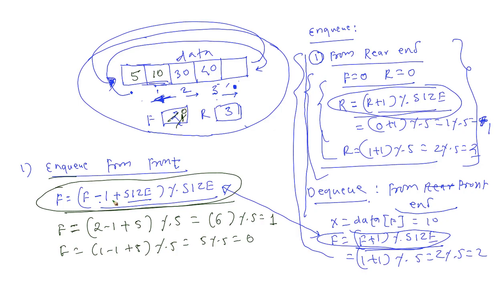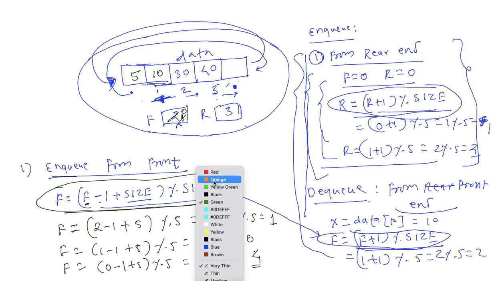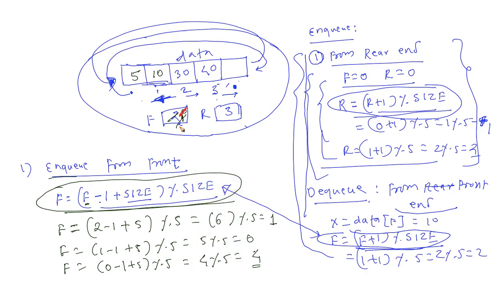Right? Now if we do one more NQ operation from front, f is 0. 0 minus 1 plus size, size of this array, which is 5, mod 5: minus 1 plus 5 is 4. 4 mod 5 is 4, right? So f is 4 now.